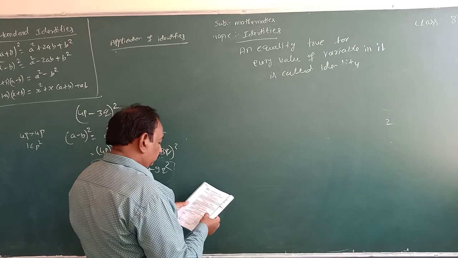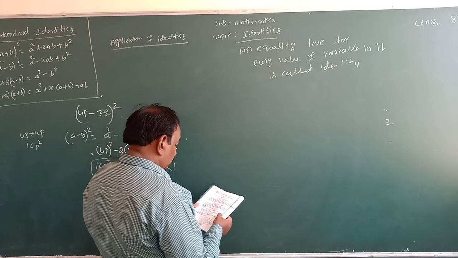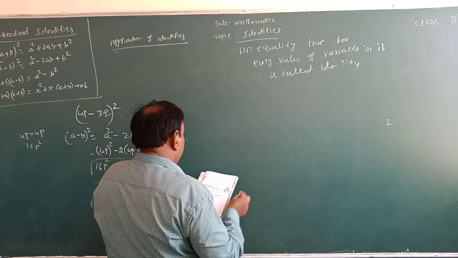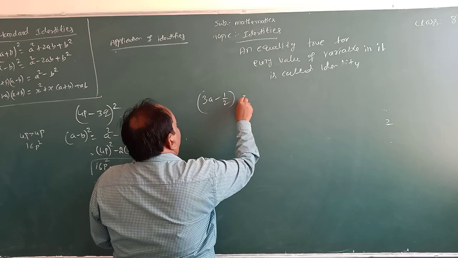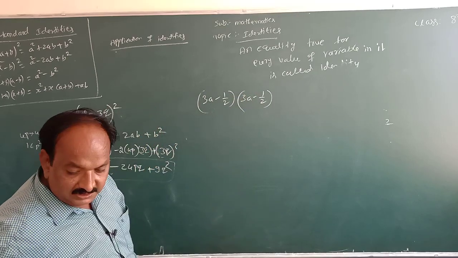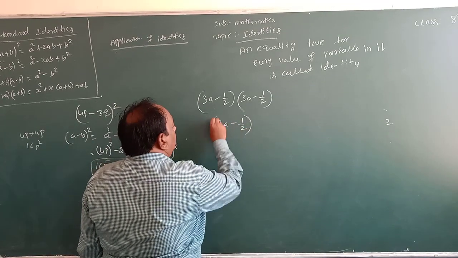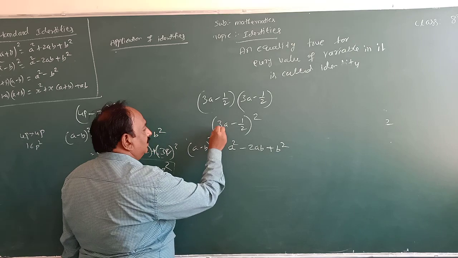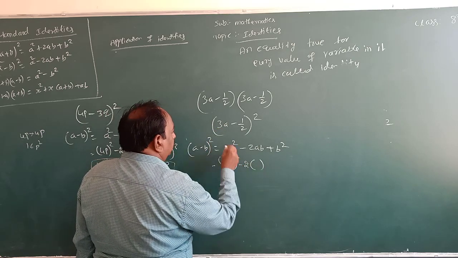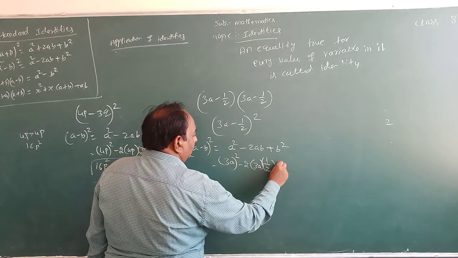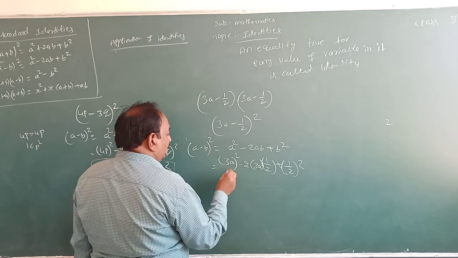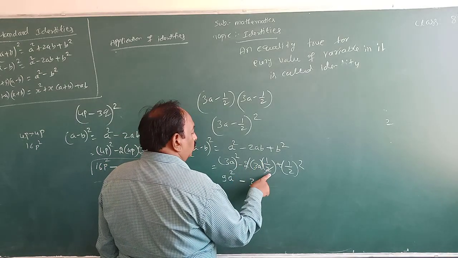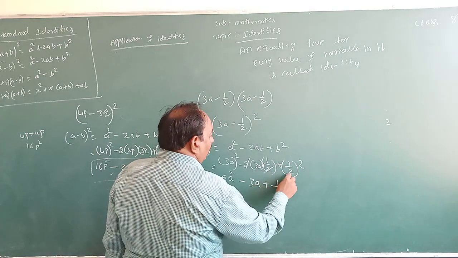Next one is (3a - 1/2) into (3a - 1/2), that is (3a - 1/2) whole square. (a - b) whole square is a square minus 2ab plus b square. (3a) whole square minus 2 into 3a into 1/2 plus (1/2) whole square. 3 3s are 9, a square; the 2s cancel, giving minus 3a; plus 1 1s are 1, 2 2s are 4.